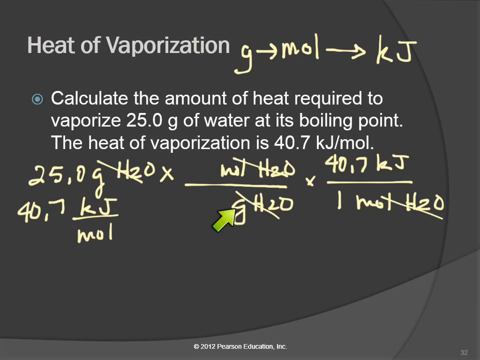And then how do we find this guy in the middle? It's 18.02, yes, some of you have it memorized. 2 times the mass of hydrogen plus 1 times the mass of oxygen. Add them up, calculating a molar mass. So 1 mole of water weighs 18.02 grams.